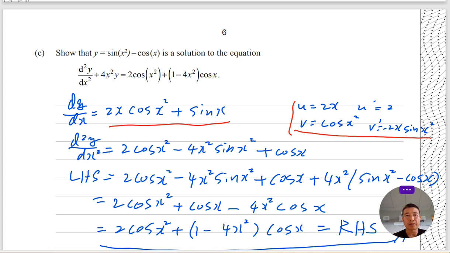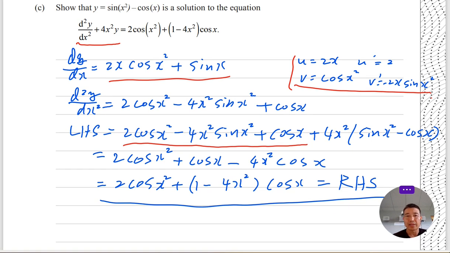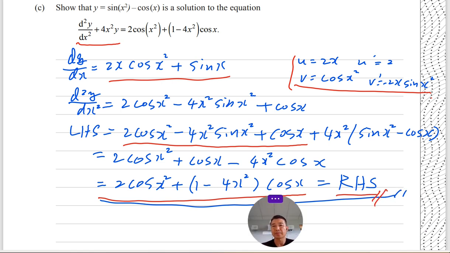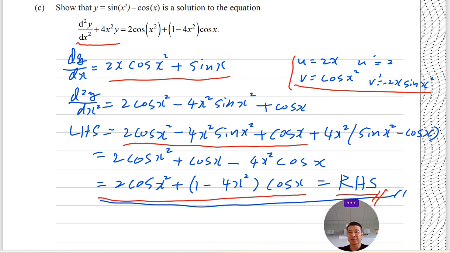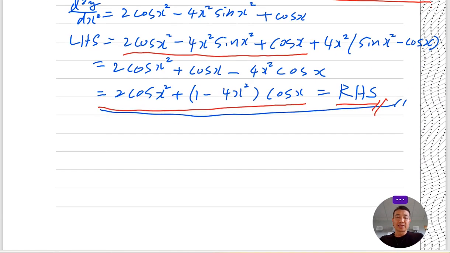So the left-hand side equals that, because that's the second derivative, plus 4x squared, and then y is sine x squared minus cosine x. So you substitute there, and then you expand, and when you simplify and factorize it, you will get this, which is the right-hand side. Oops. Move this one here. Okay.